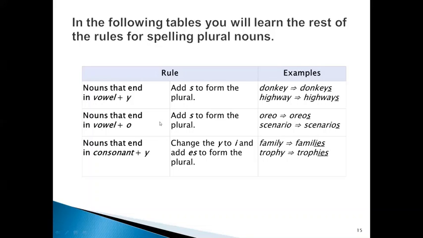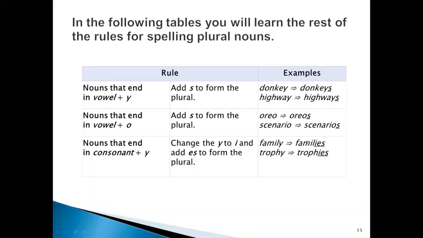But in case before y or o we find a consonant, remember that by vowel we mean the letters A, E, I, O, and U. The rest of the letters we call consonants. So for nouns that end in consonant plus y, we'll change the y to i, and then we'll add es to form the plural.